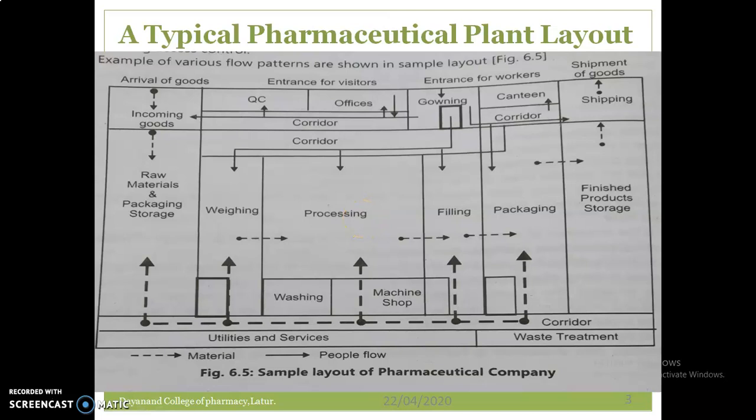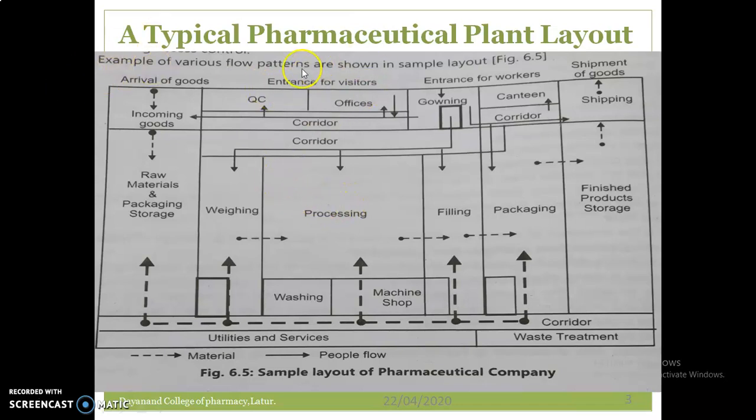Possible expansions or changes planned in the future need to be considered while designing. It can be done by avoiding risk of contamination, permitting effective cleaning and maintenance, minimizing the build-up of dirt and dust, and thereby preventing the quality defects.